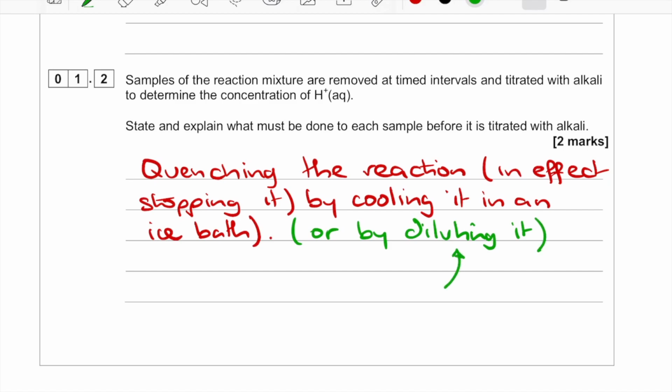This is one of the reasons why you can rinse a conical flask in a titration with water, or run water down the sides of the conical flask to make sure all of the reaction mixture is mixed, because what you're actually measuring is moles. So by diluting it, we are not affecting the moles of H+.